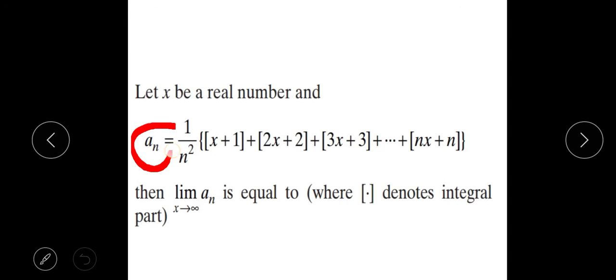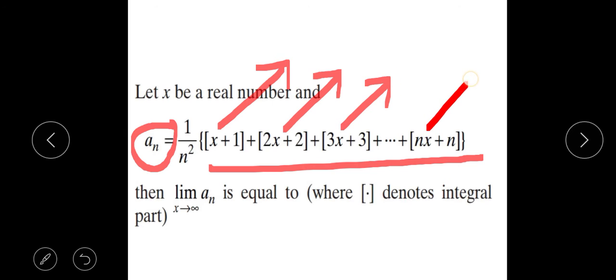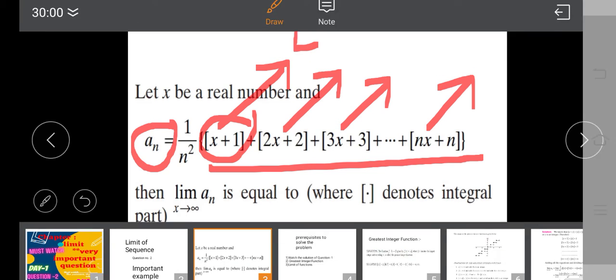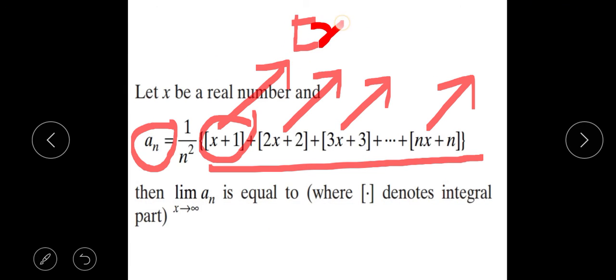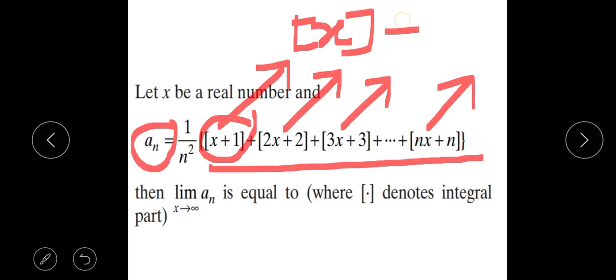Here in the nth term of the sequence a_n, you see carefully these terms. If we use the property number 4 of the greatest integer function, we will get from the first term [x + 1], which will be [x] + 1.